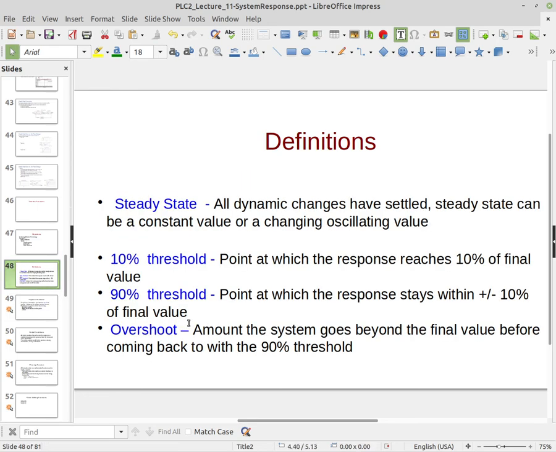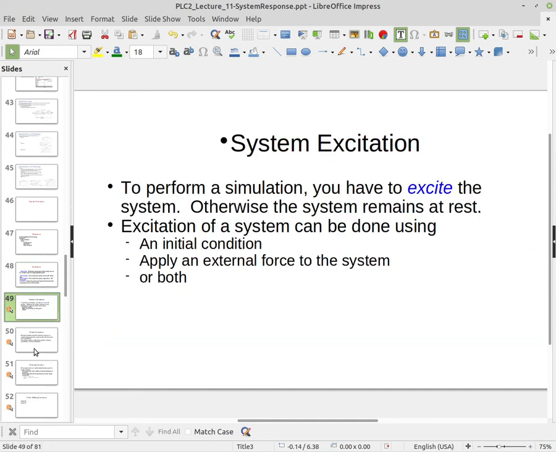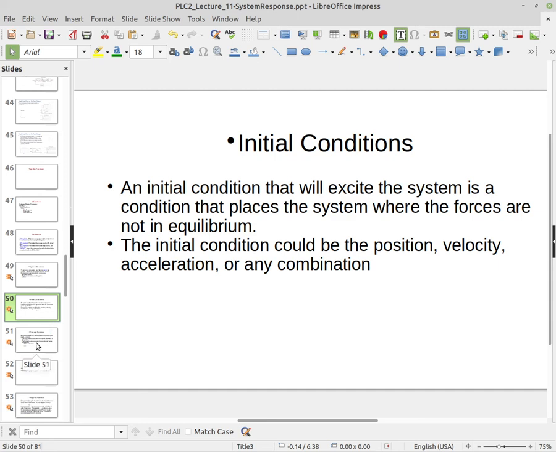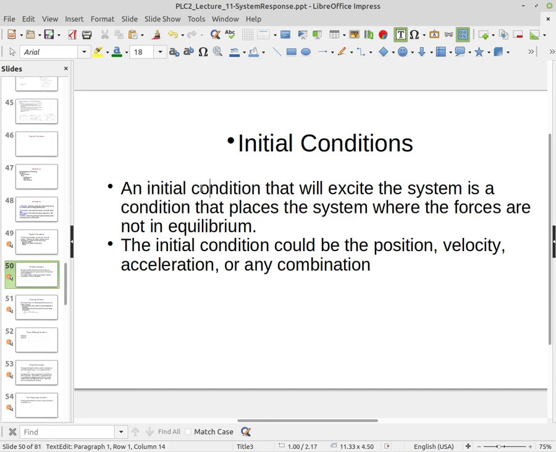All right, we talked about all those values here. Now a lot of times when we have our transfer function, we talk also about an initial condition. Usually the initial condition is 0, meaning that the system is at rest, not moving.